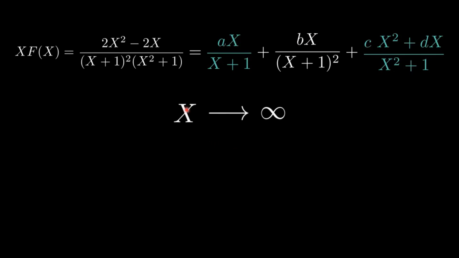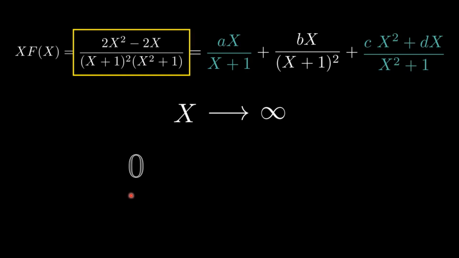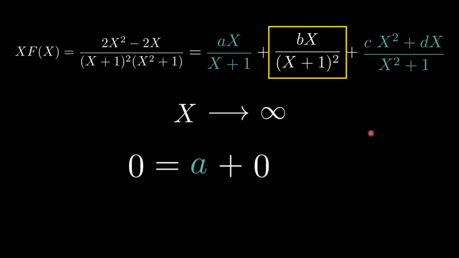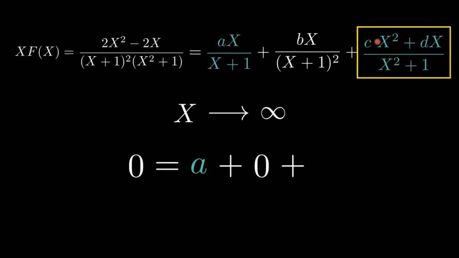So when x approaches infinity, the limit of this fraction is 0, which equals the limit of this fraction, a, plus the limit of this fraction, here 0, plus the limit of this fraction, c.